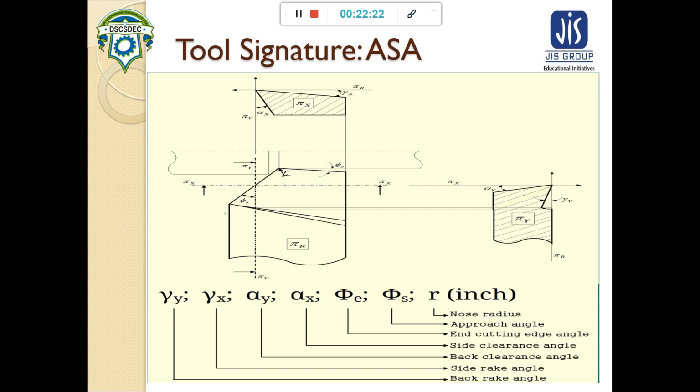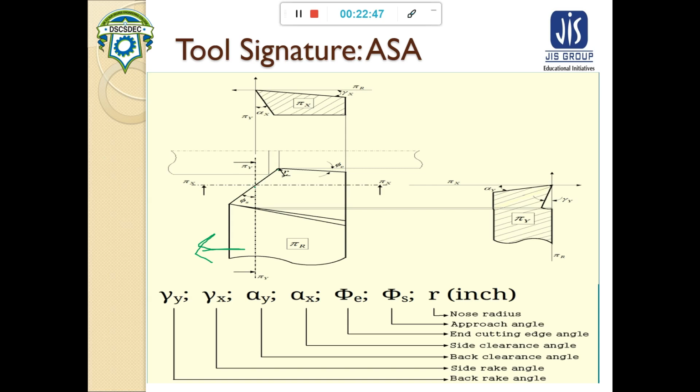Now we will see the different six angles and one nose radius. By knowing this, we can generate the tool signature. For ASA, see here, this is the cutting tool, and on this side feed is given.